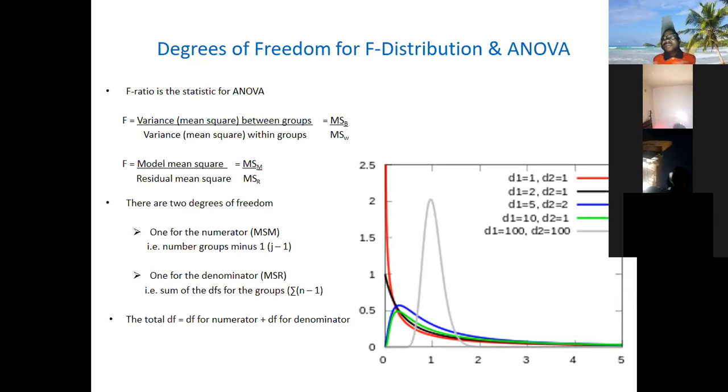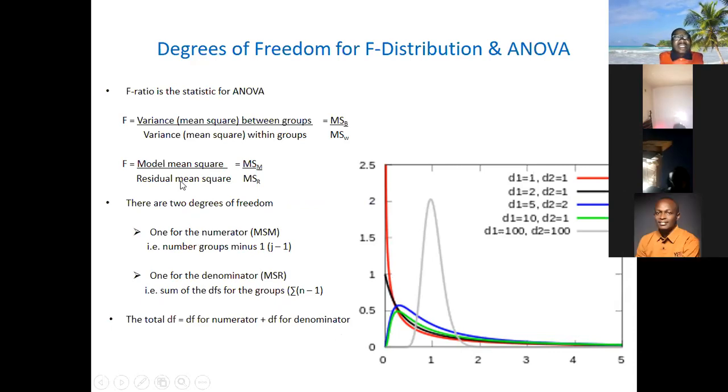But when we are talking of ANOVA here, there are two other variances apart from the total variance. The variance within each group: if there are 3 groups now, each of the groups has its own variance. That is the variance within the group.